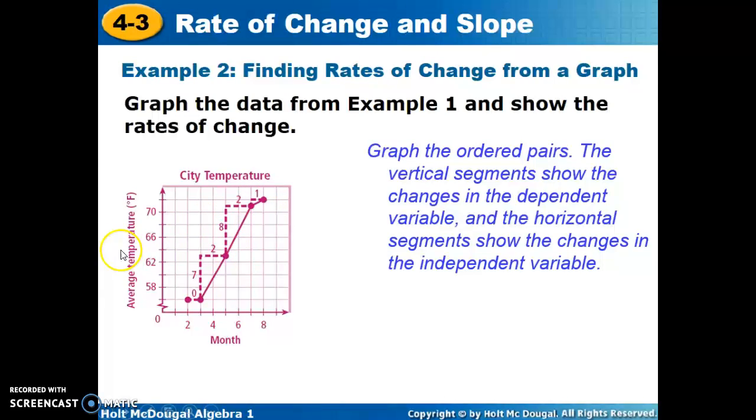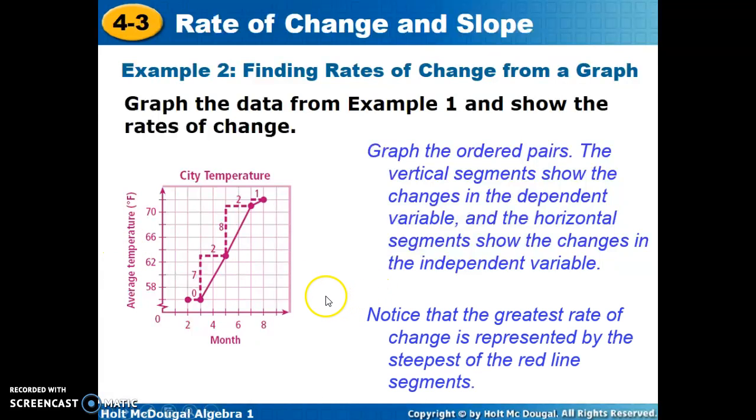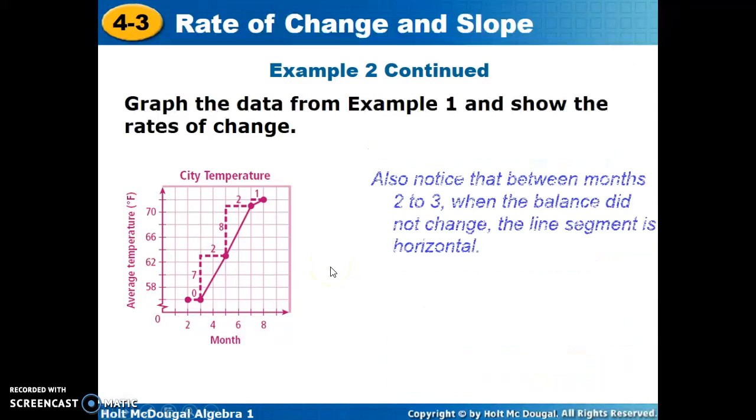And that rise is an average temperature for the month. So we can compare the greatest rates of change represented by the steepest red line. We can see this section, 8 degrees over 2 months, would average to 4 degrees per month. Here we would have 3.5 degrees. So we can see our greatest rate of change between month 5 and month 7.